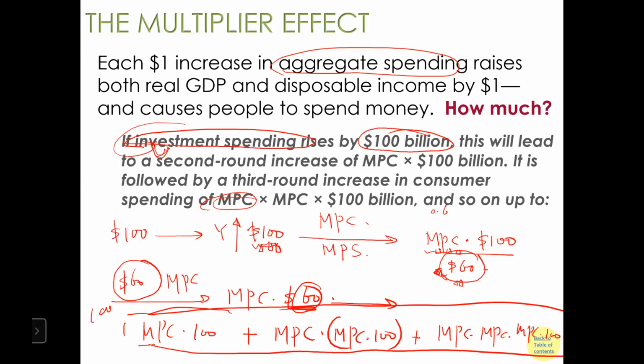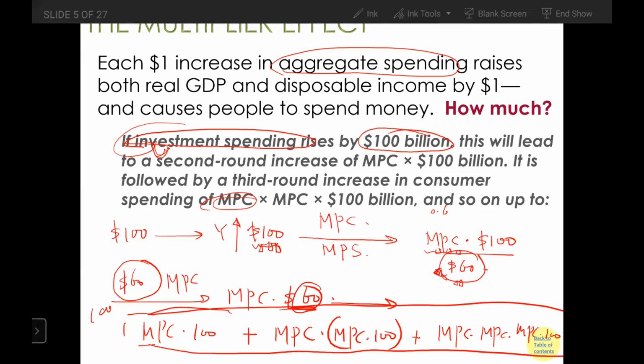The key message is, with $1 of income, you're going to spend a fraction. But once you start to spend, that's going to increase the income of somebody else, and then somebody else will spend. So you can see this process will keep moving. Okay, so that's the key message.